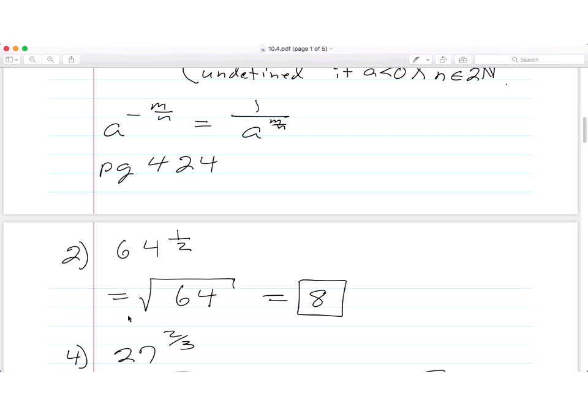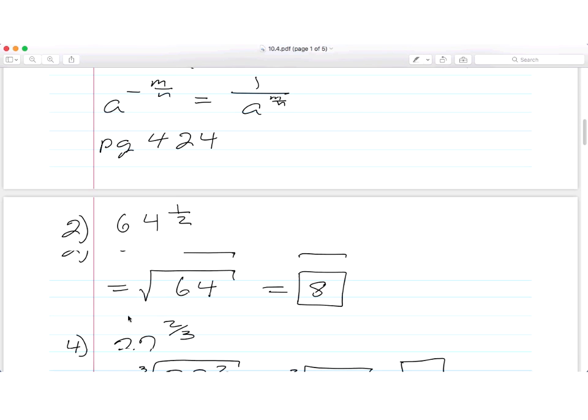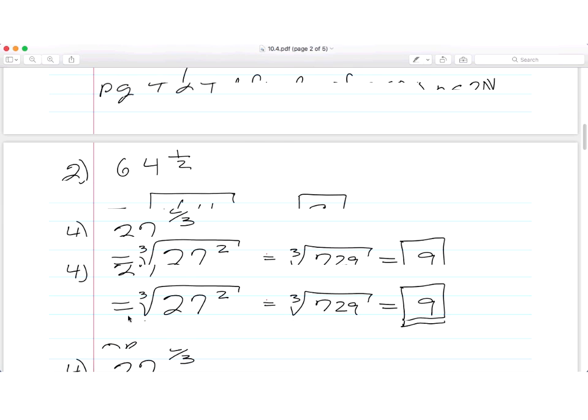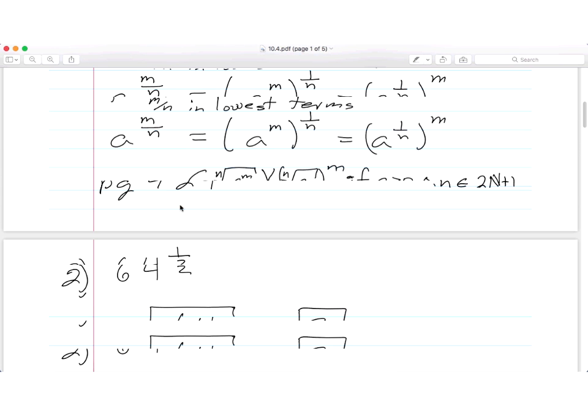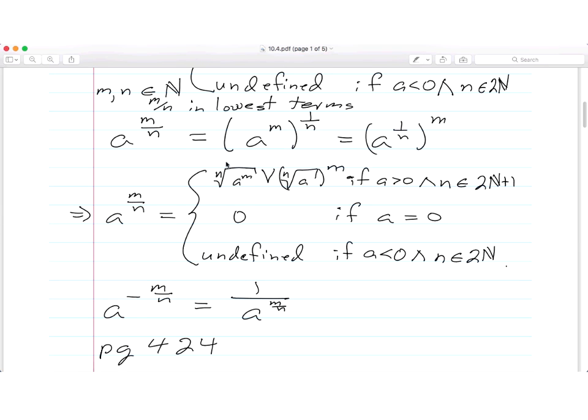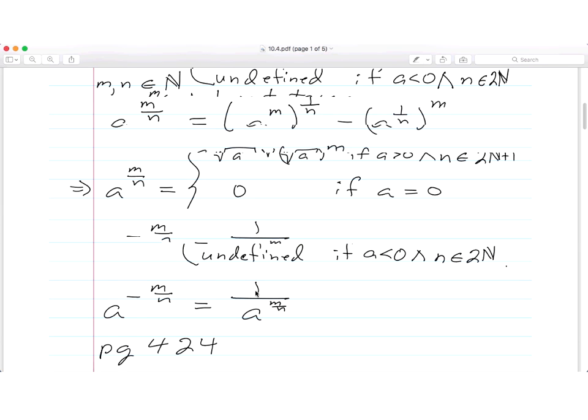Then we do problem number 4. 27 to the power 2/3. Well, I can do it one of two ways. Notice I gave two different definitions. So let's do this first definition.